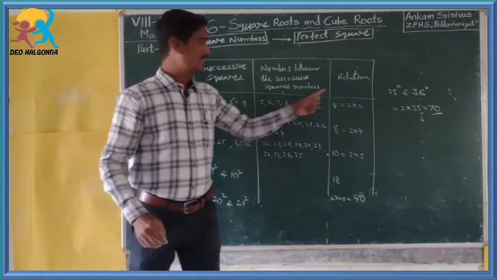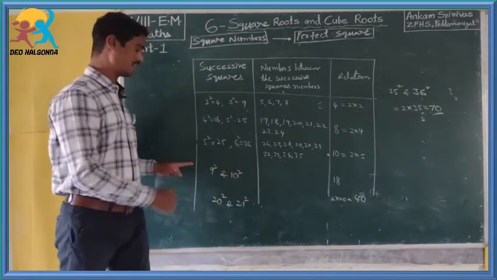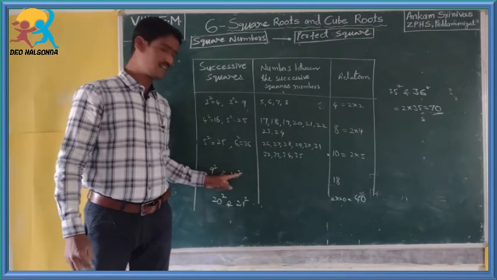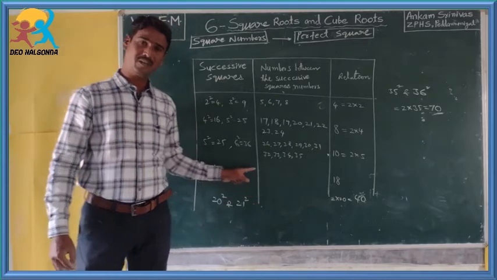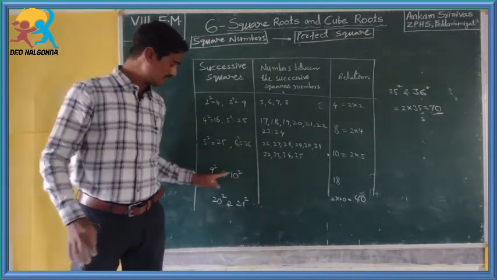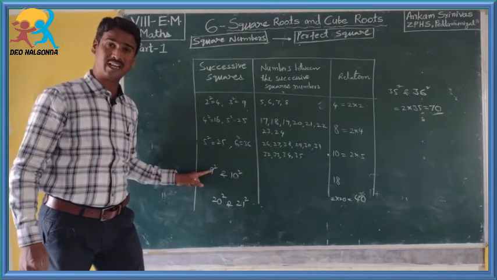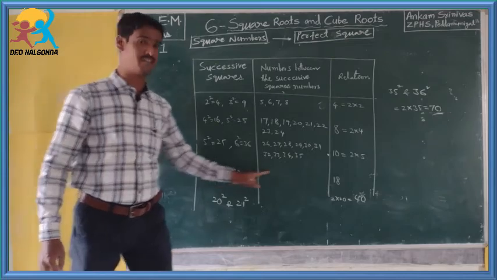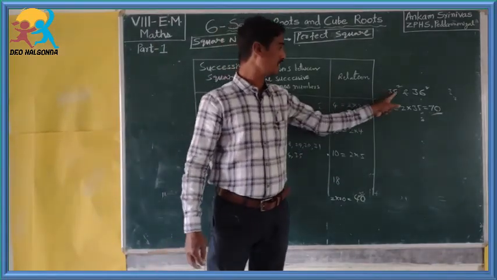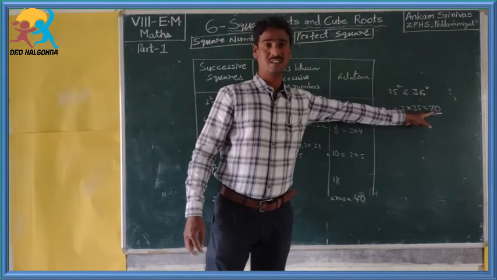That means 9 square is 81, a perfect square, and 10 square is a perfect square, and between them are non-perfect squares. We can give the answer: the non-perfect squares between 9 square and 10 square equal 18. The non-perfect squares between 35 square and 36 square equal 2 into 35, equal to 70.